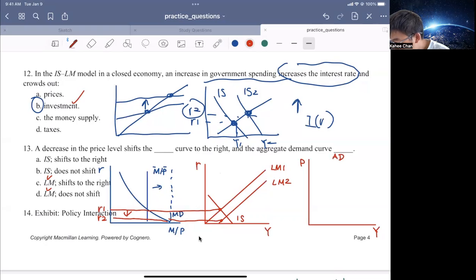And we are going to name LM1 as having a price level of P1, and LM2 has a price level of P2, because the price level is changing. When there's a decrease in price level, it makes the LM curve go down.